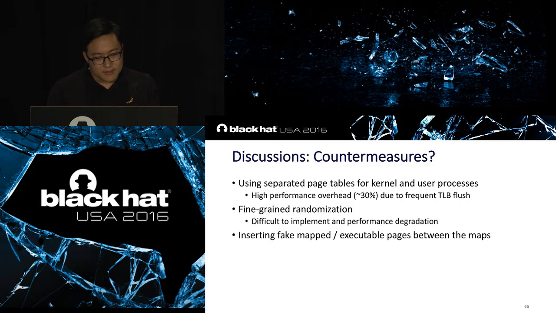Another is finer-grained randomization, not at page level but inside the page, which could be helpful, but it would be very hard to implement because of compatibility and other technical issues. Another easy one is inserting fake page mappings, making some unmapped pages look mapped to fool the DRK attack.